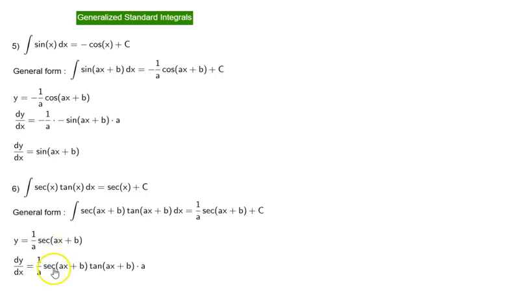So we have sec of ax plus b times tan of ax plus b, and then finally the derivative of ax plus b, which is a. So when we simplify it, a and a get cancelled out, and we are left with dy by dx equal to sec of ax plus b tan of ax plus b, which is what is there under the integral.